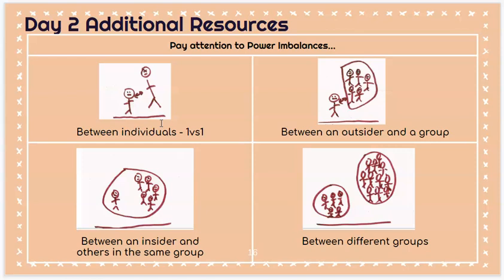What is the power imbalance there? Or it can be between an outsider, one person, and a group of people. Is that one person more powerful than the group? Is that group more powerful than one person? Or it could be happening to people in the same group. There can be one person that's a part of the same group as everybody else who's always hungry for power.